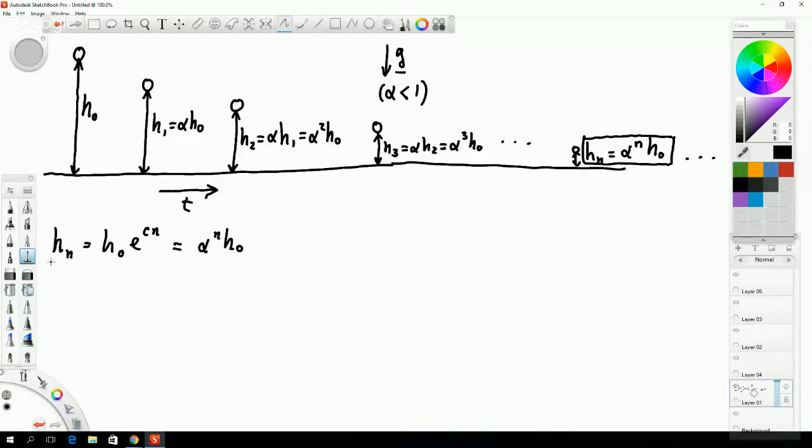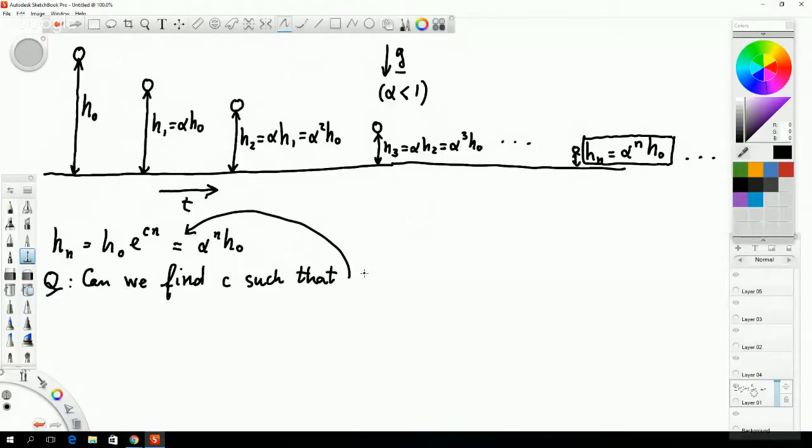So the question is, can we find a c such that this equation is satisfied? I'm just going to link it by an arrow. Okay, so let's just write it out. We should have h0 e to the cn equals alpha to the n h0.